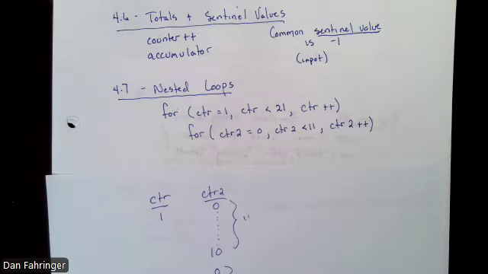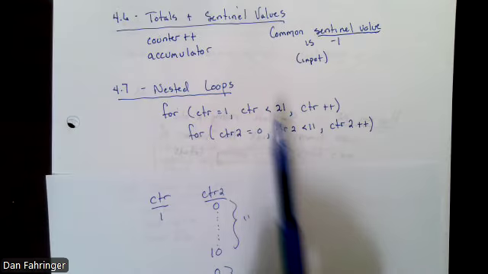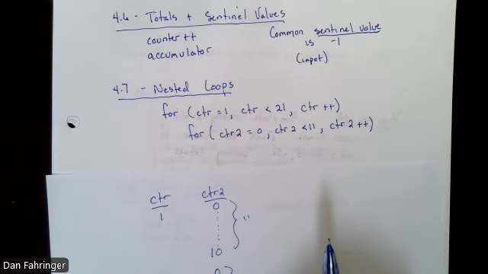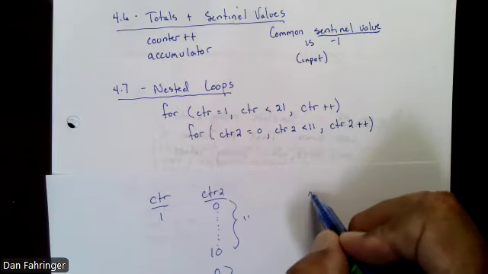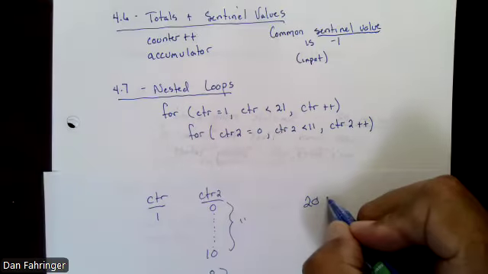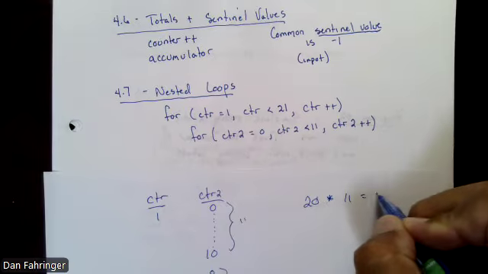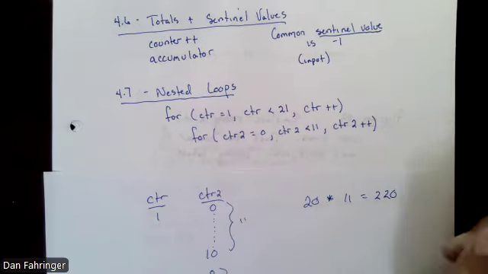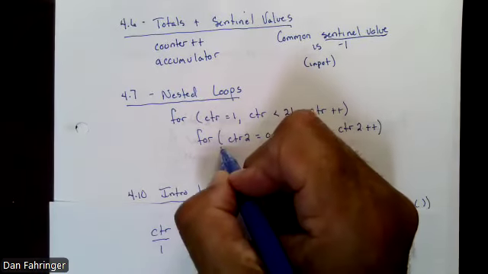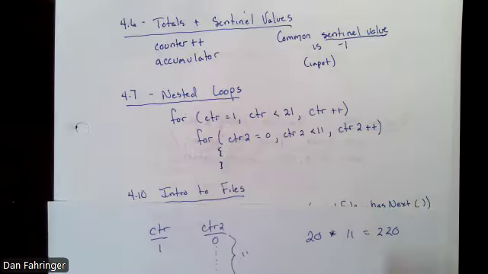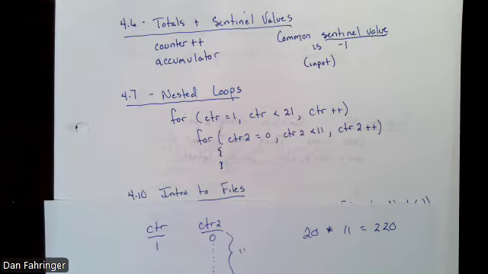How many 11s are there? How many times does this outer loop run? 20. Inner loop runs 11 times. That body of that loop, this body will get executed 220 times.